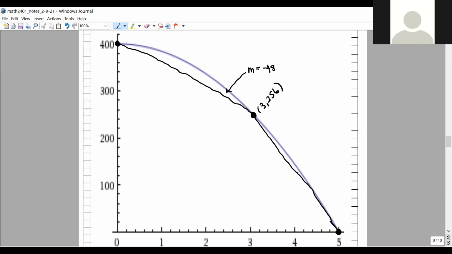Because our function was squared. Yes, but in the context of the story, why is that secant line steeper? It's accelerating, right? The screwdriver is going to be dropping at a faster rate from 3 to 5.